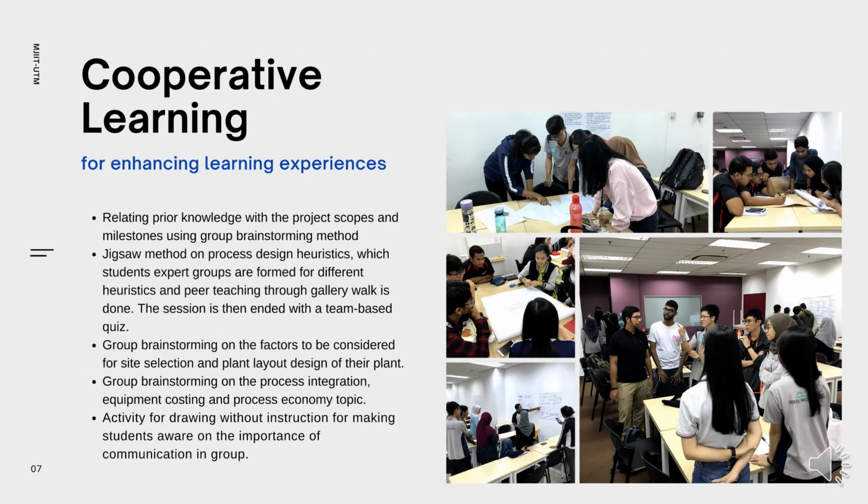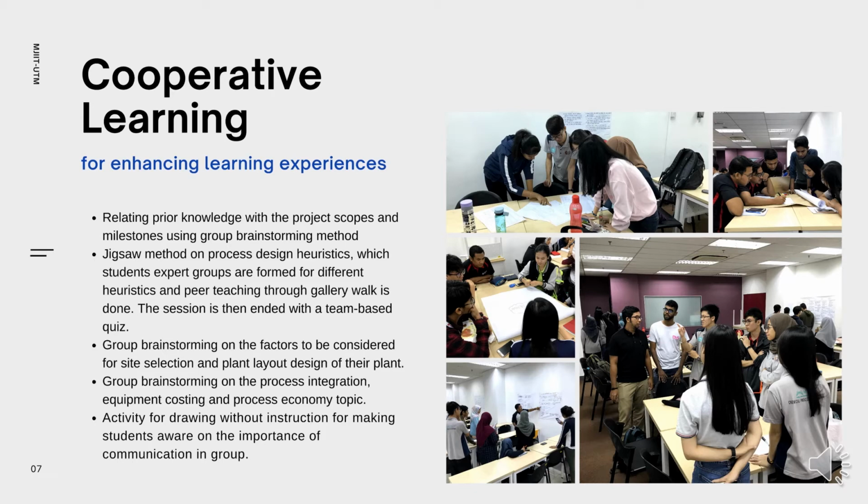Formal cooperative learning activities are used in the classroom, in which lectures are filled with activities according to the project teams. For example, group brainstorming activities are done for reminding the students of the previously learned subjects and connecting them for process design.